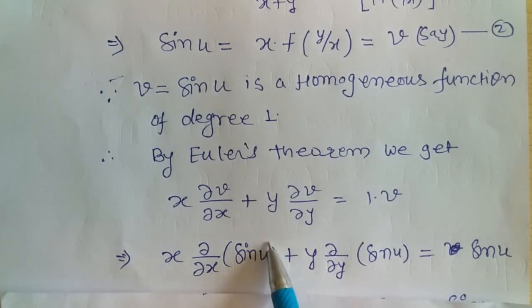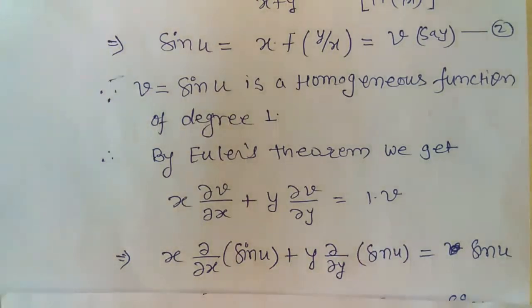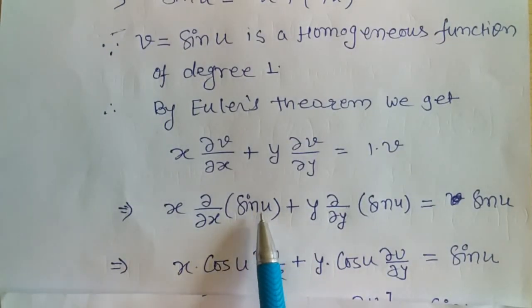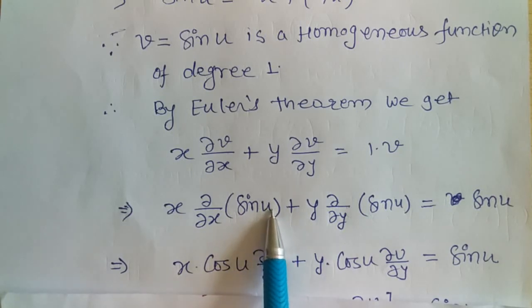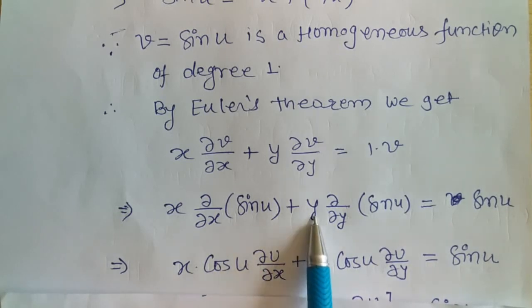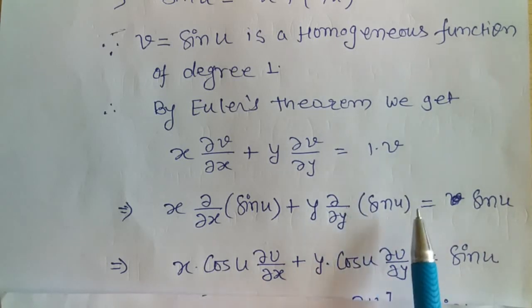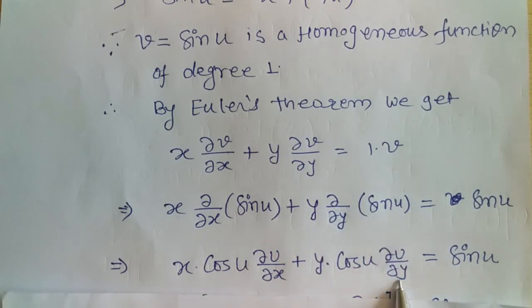Now we differentiate sine u with respect to x partially, and here we differentiate sine u with respect to y partially. We get x into the derivative of sine u, which is cos u multiplied by the partial derivative of u with respect to x, del u by del x, plus y into the derivative of sin u, which is cos u multiplied by the derivative of u with respect to y partially, del u by del y, equal to sin u.